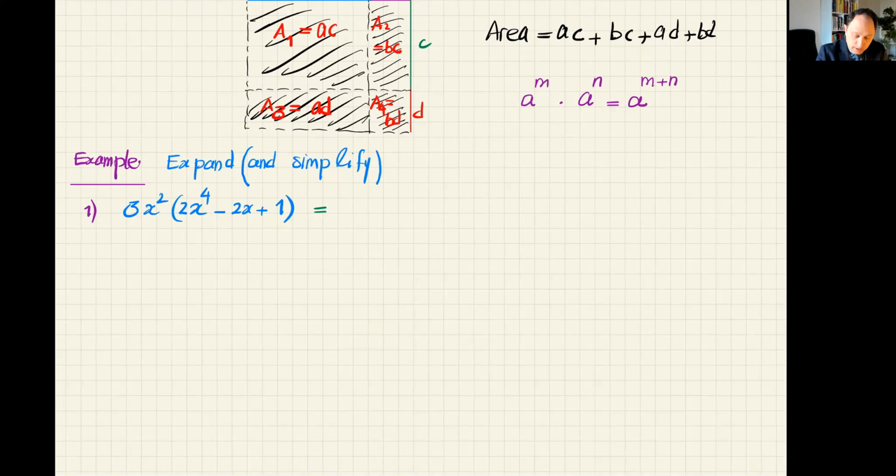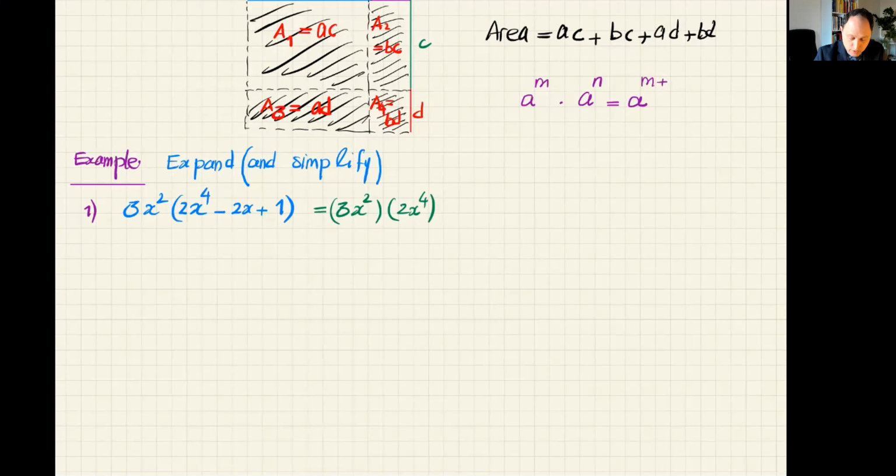So here, let me do this completely, but I want you to ignore the middle one. In principle, I need to take this one, multiply it by this, and multiply it by this. Let me write 3x squared multiplied by 2x to the 4.